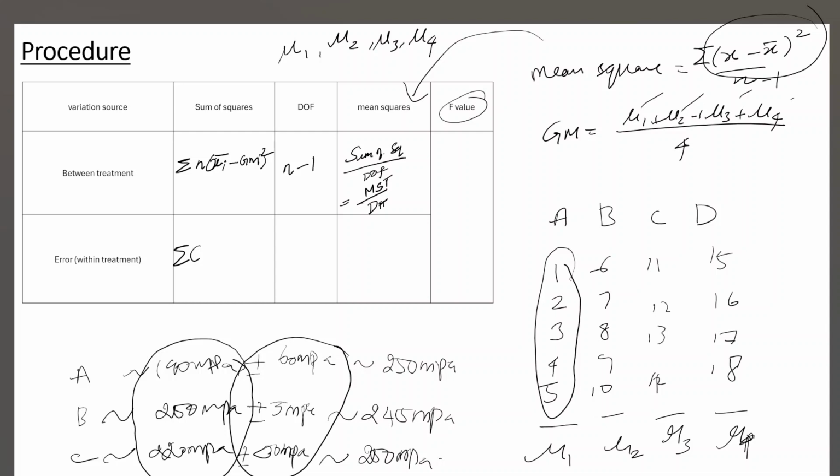We have these four treatments, or four groups, which we can call A. So we'll keep it as A, so there won't be any confusion. The degree of freedom is A minus 1. A is the number of levels or number of groups or number of experiments, whatever we are taking. We can follow this as the number of columns, which will make it very easy. Within the column we have several test samples, which can be taken as rows. So now it is very clear, and we can go ahead.